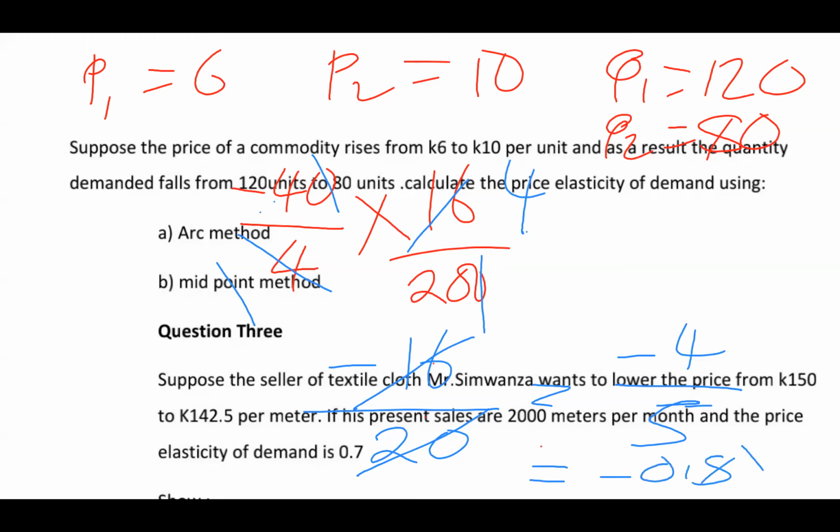When it is pre-multiplied by negative 1, it shall be positive 0.8, right? Yes, 0.8. I said that this negative sign is always there to depict the inverse relationship that exists between price and quantity demanded. Is that clear? Yes, sir.